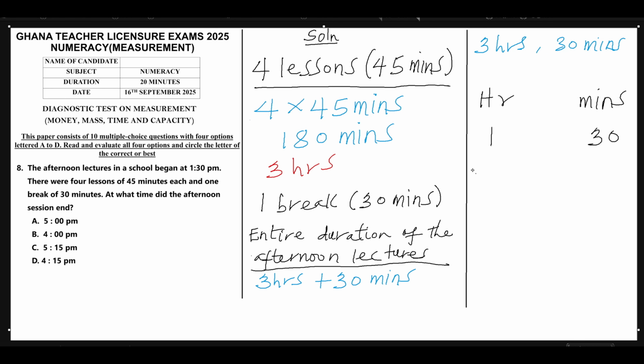Counting on goes with addition. So we need to count on 3 hours 30 minutes after 1:30 p.m. So 30 minutes plus 30 minutes, that is 60 minutes. But we are looking at time on the clock.